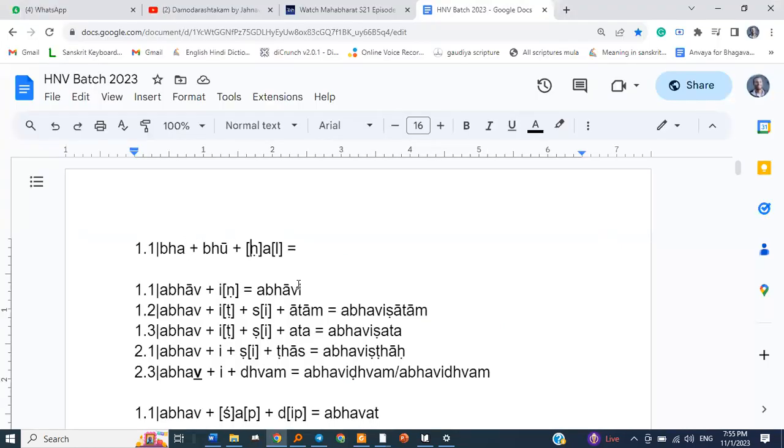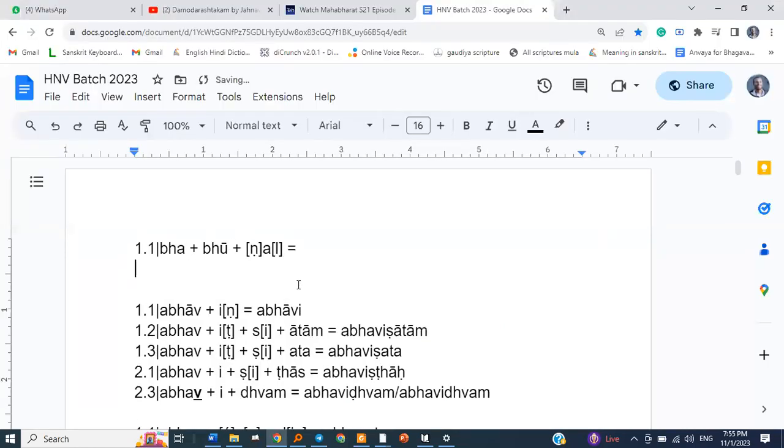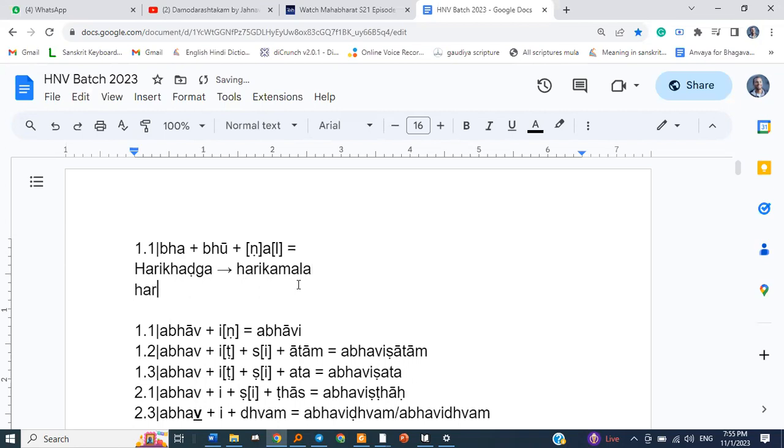So here Bha is Hari Ghosha, so it will change into Hari Gada of its own varga. So that would become Bha.